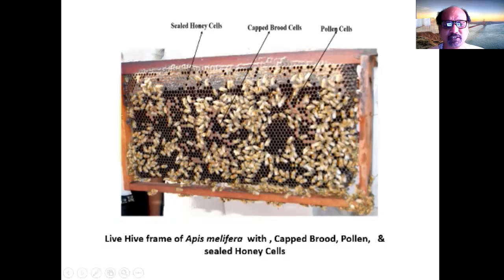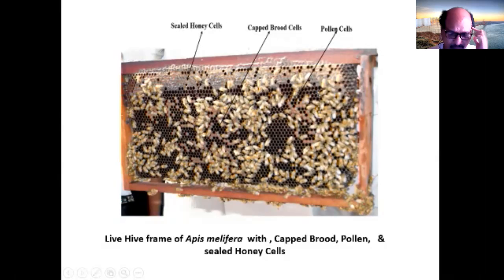The capped brood cells are going to develop into adults. The larval stage is over and this is the pupal stage. In the pupal stage, the cells are capped, and by chewing through the capping, the newly young ones emerge.